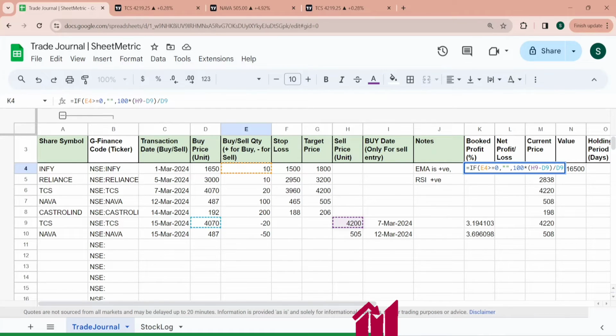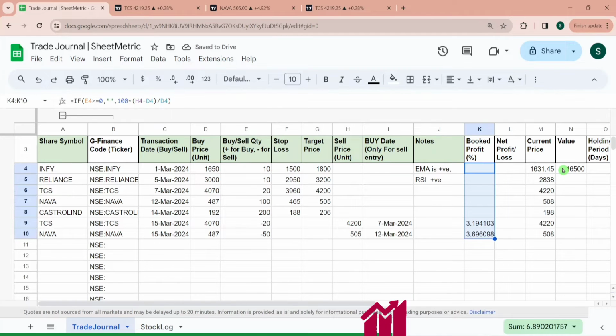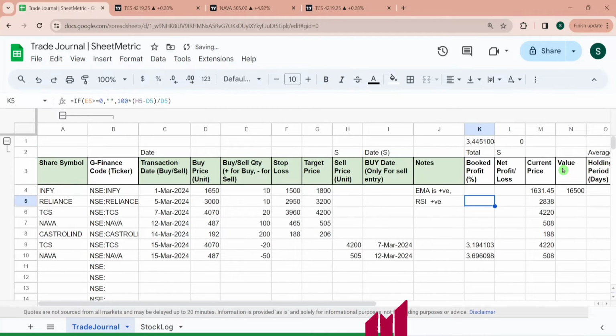This I am changing to H4 minus T4, meaning sale price minus buy price divided by buy price. Yes. Now I will be dragging this towards the bottom. So here we will have a profit percentage populated only wherever there is a sell entry.